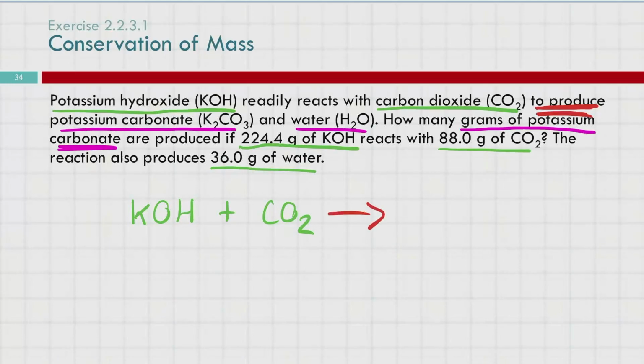They react to produce. Then we've got two other chemicals, K2CO3, which is potassium carbonate. We also produce water, which is H2O. Any questions about the first part, just setting up that chemical equation?